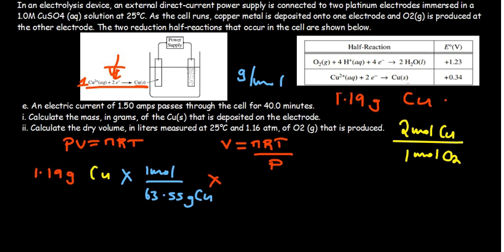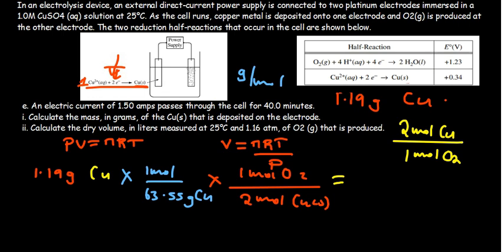So multiply by the oxygen on top. For every mole of oxygen, there are 2 moles of copper solid that are produced.